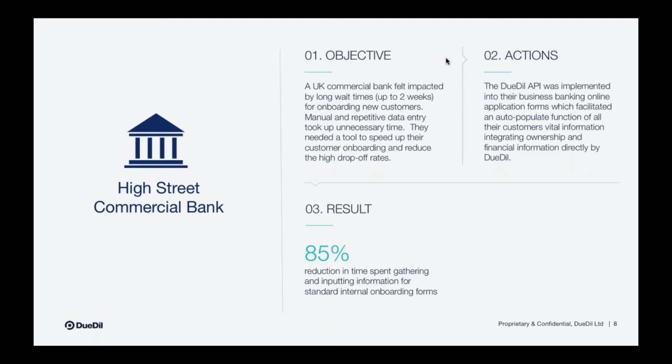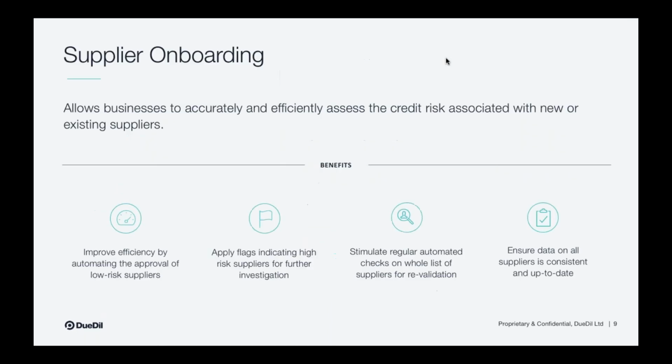They integrated DueDil's API into their online application process to help complete loan approvals that takes the customer from initial online application sign up all the way through to approval, using data points like company profiles, ownership, group structures, PEPs and sanctions, KYC on individuals, and KYC for businesses. Because of the onboarding automation driven by the DueDil API, early signs show an 85% reduction in time to make a decision.